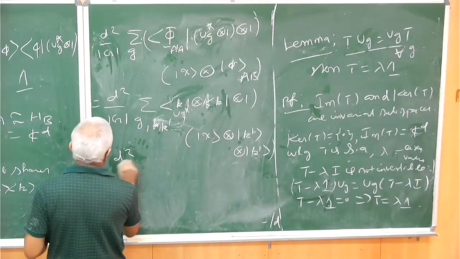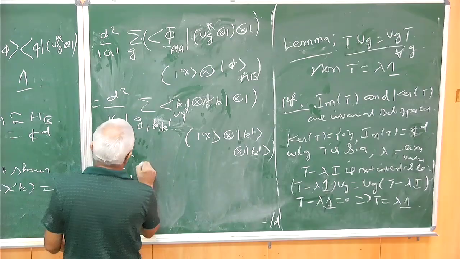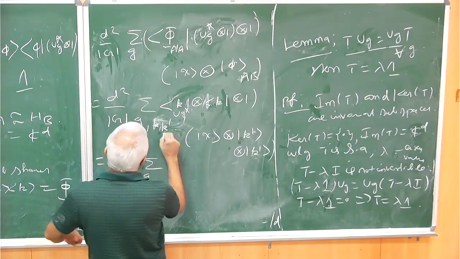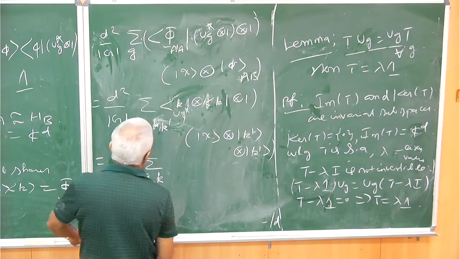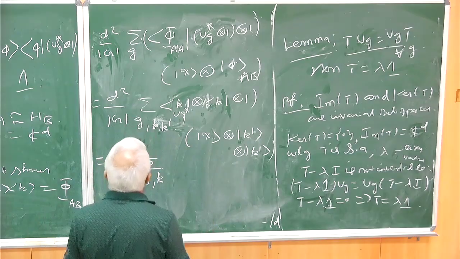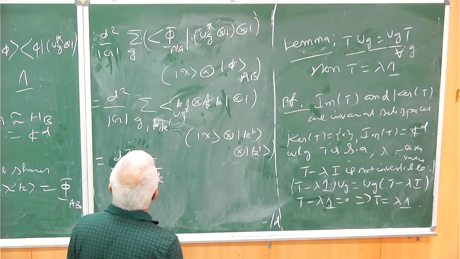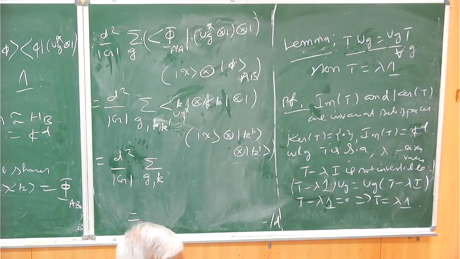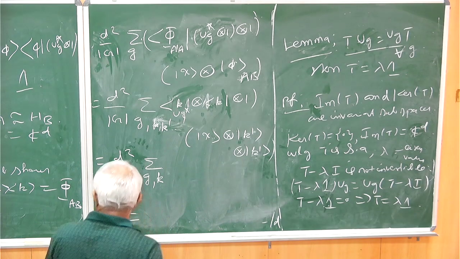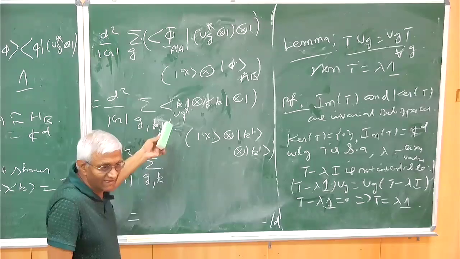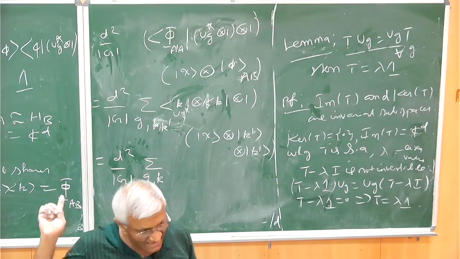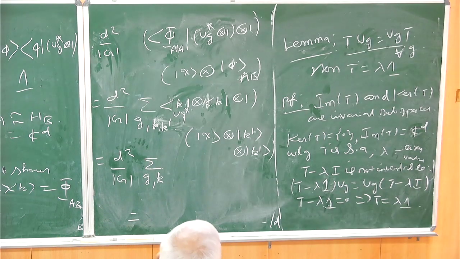So this will be D square by mod G. And what do you have? I have K. There is no summation over G; it is one particular G. The collapsed state is what we are measuring, so there is no summation over G. Actually, there is a summation over G in the earlier thing, but that is just a notational thing.